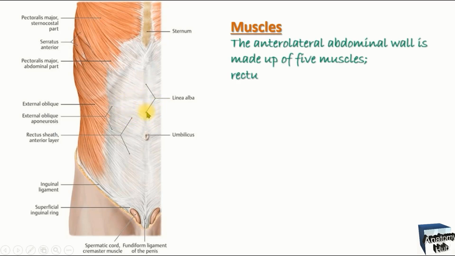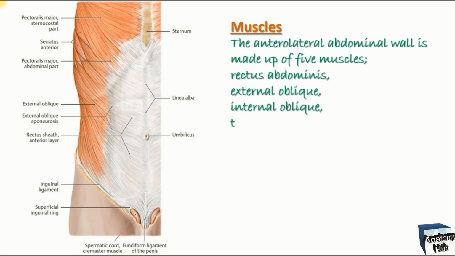This muscular layer makes up most of the lateral and anterior abdominal wall, and the external oblique muscle that you will find over here is actually the most outer layer.